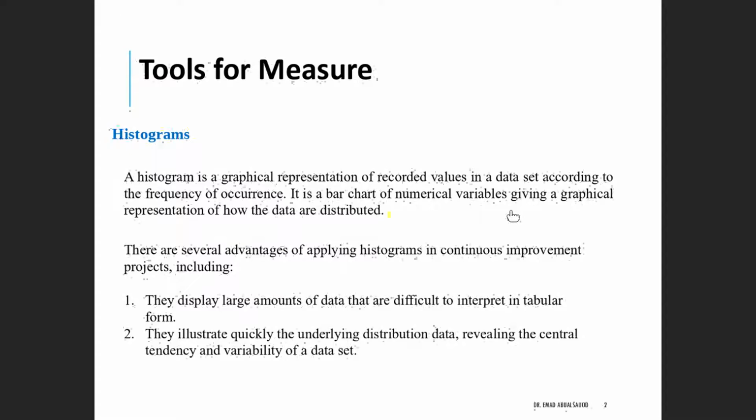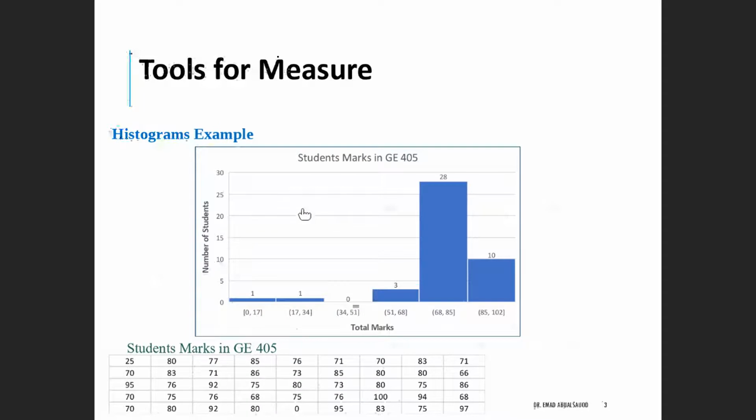The main advantage of the histogram is that it represents large data and also identifies and underlines the distribution as well as the central tendency. That means you can also identify the average and how the mean looks in this set of data.